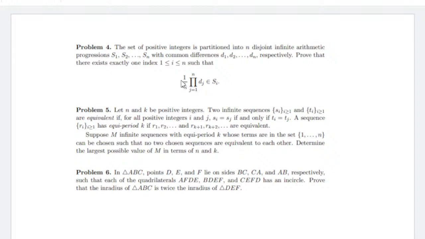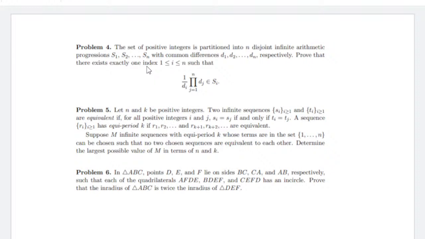Let's actually try the questions. Let's start with four. Okay, so the set is split into n disjoint infinite arithmetic progressions, with common differences d1 to dn.